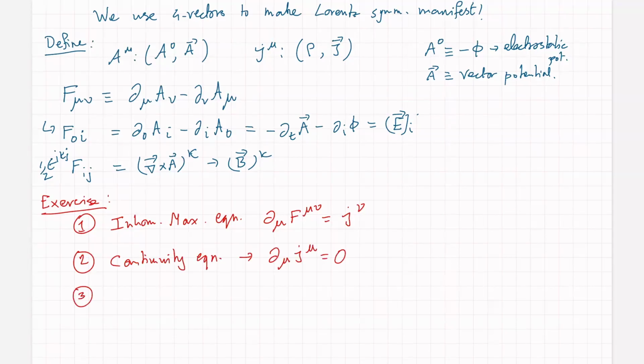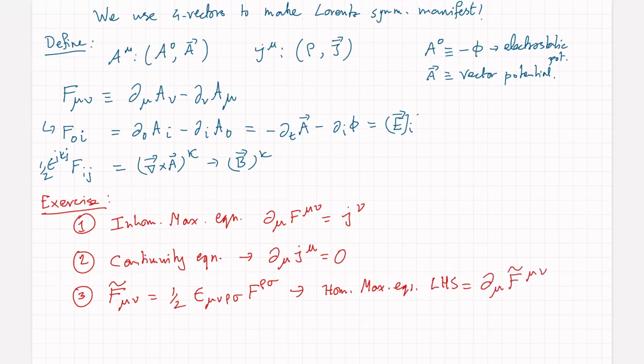And finally, if we define the dual field strength tensor F tilde mu nu, which is half epsilon mu nu rho sigma F rho sigma, then all the homogeneous Maxwell's equations, the LHS, can be written as del mu F tilde mu nu.